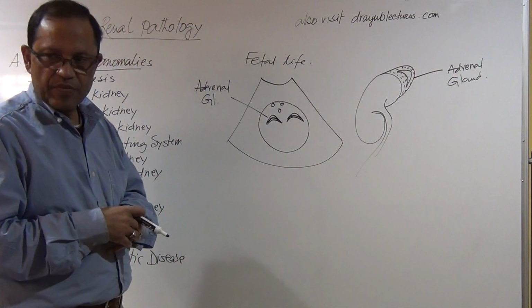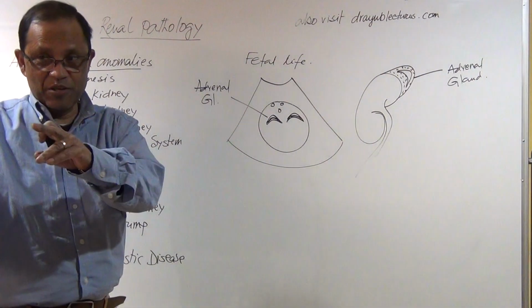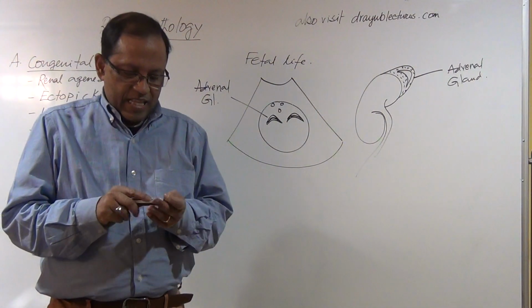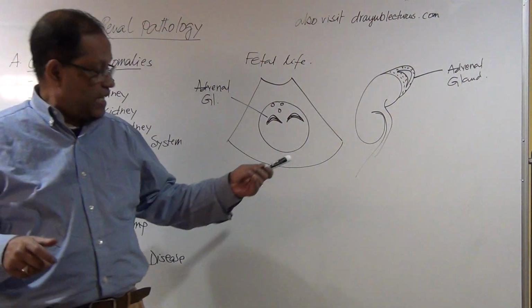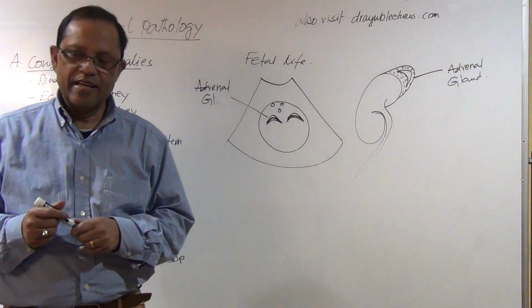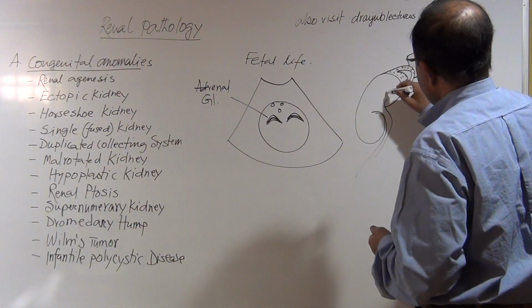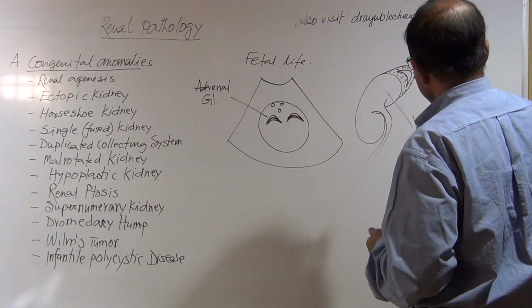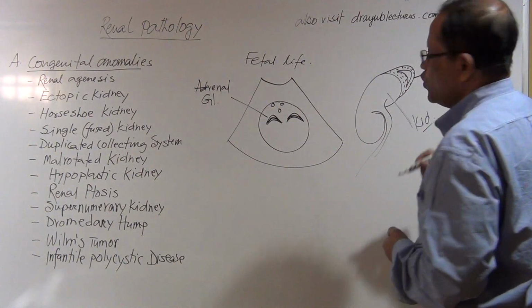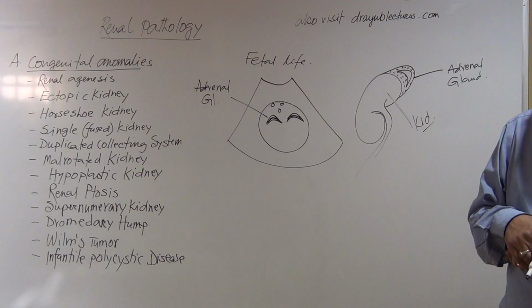If there's a pelvic kidney, does the adrenal gland go into the pelvis? No, it stays up. Very good question. If the kidney is absent or the kidney is in the pelvic cavity, what happened to the adrenal gland? Look, developmentally, the adrenal gland and the kidney have two different sources of development and growth.